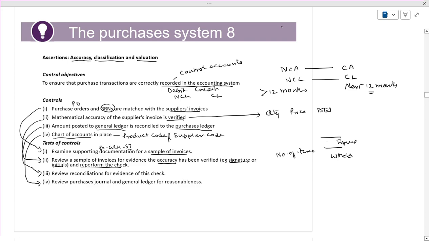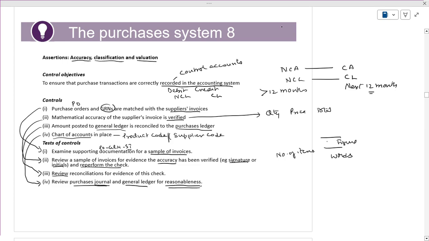They have done reconciliation, control is there. You will only review reconciliation for evidence. And last, you will review purchase journal, purchase day book and general ledger for its reasonableness.